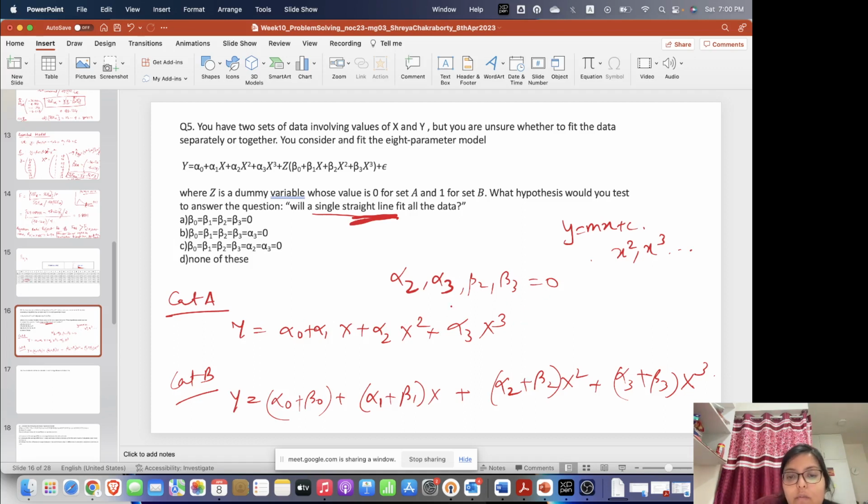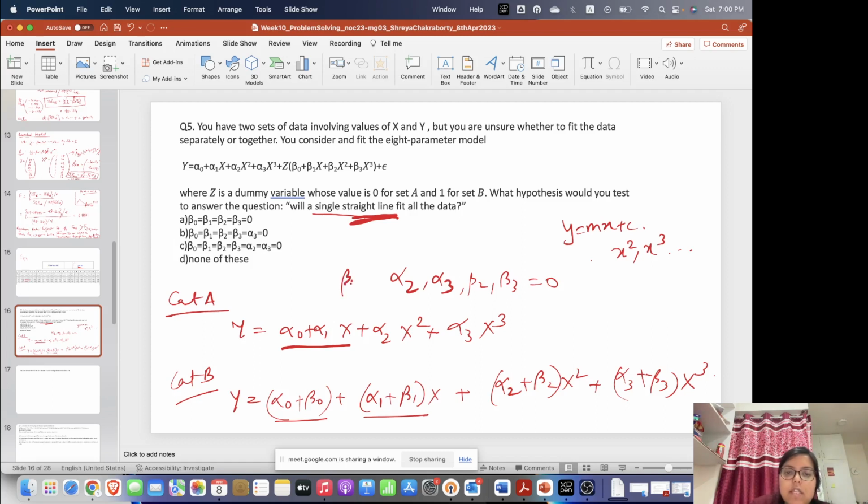Now, in order to have a single line, the difference is here, alpha naught plus alpha 1x. Here we would have alpha naught plus beta naught and alpha 1 plus beta 1x. So here beta naught and beta 1 are extra.